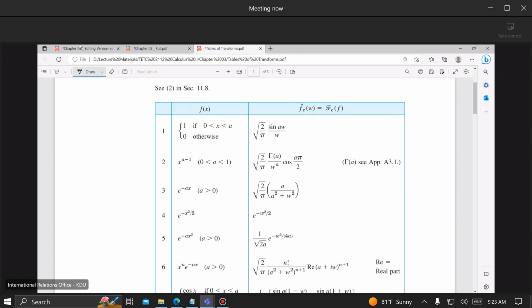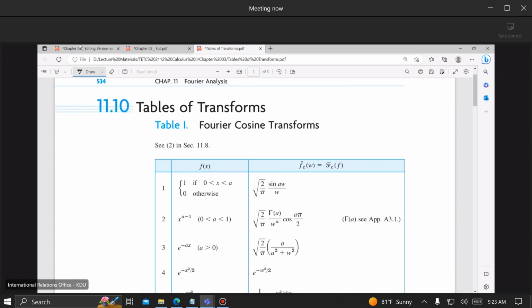So first we are going to discuss about the problems from Fourier cosine transform. So let's see, we have a problem. As an example, we have a problem. F of x is given as 1 and 0, and it is 1 if x varies from 0 to, let's see, 3.